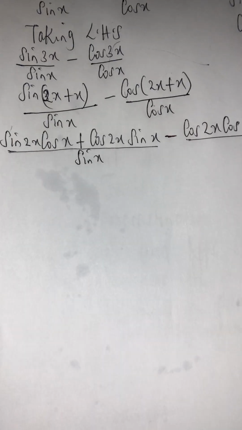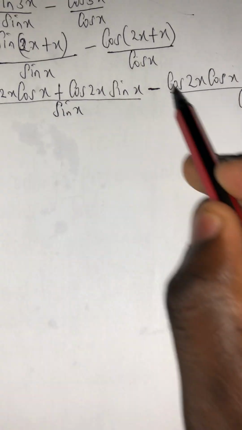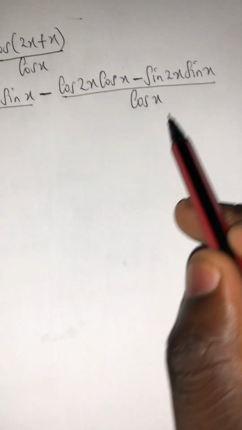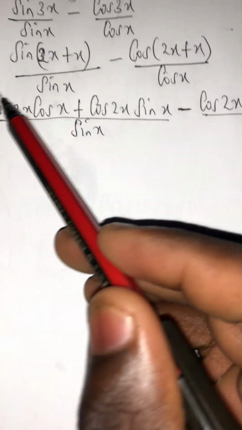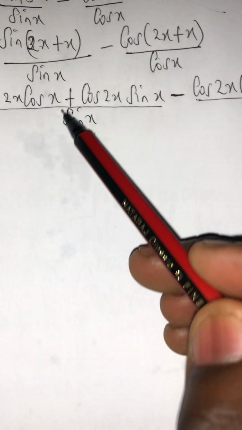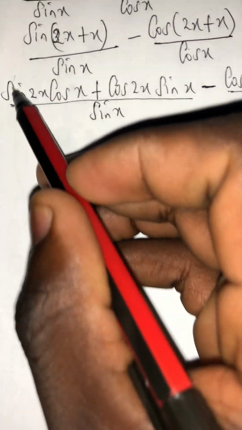Then I'm going to multiply this denominator by what is on the numerator here, and this one by what is there. In short, I'm going to subtract these two. So to do it simple, I'm just going to multiply this denominator here by what is on the numerator there. So I'm going to say this cos x multiplied by everything here.